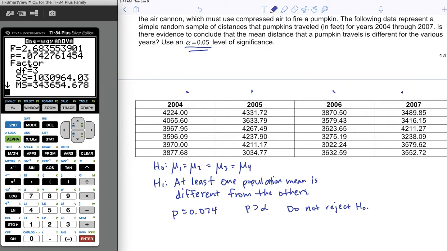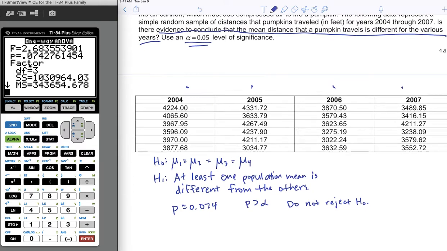So let's go ahead and write our conclusion. I'm going to go ahead and use this portion of the sentence up here to help me write out my conclusion.